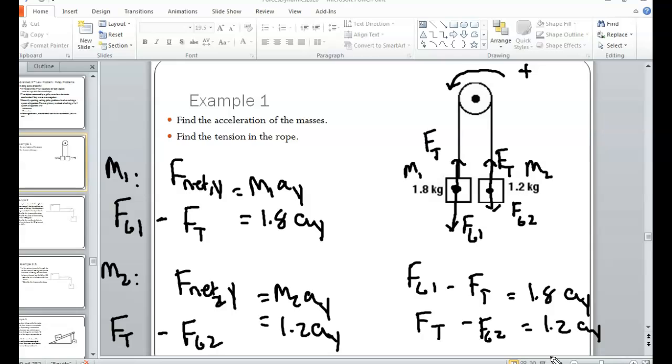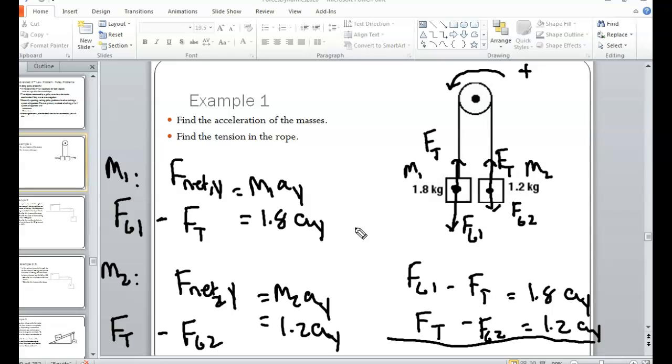This is a system of equations. I have two equations and two unknowns. Now, it looks like I have more unknowns, but Fg1 and Fg2 I can easily calculate. My unknowns in this case are Ft and ay. Luckily, notice that this equation is perfectly set up to solve using elimination. The way elimination works is I'm basically just adding one equation to the other.